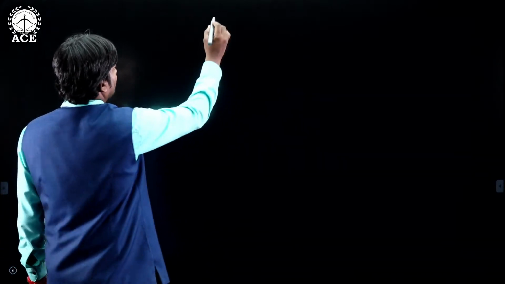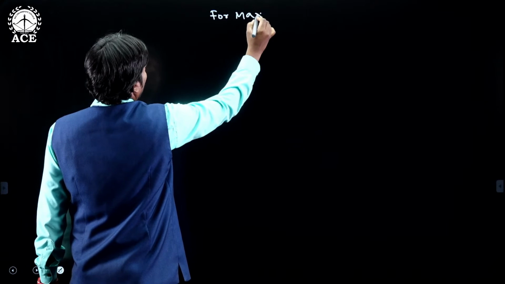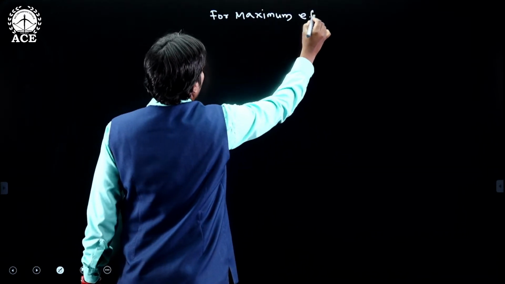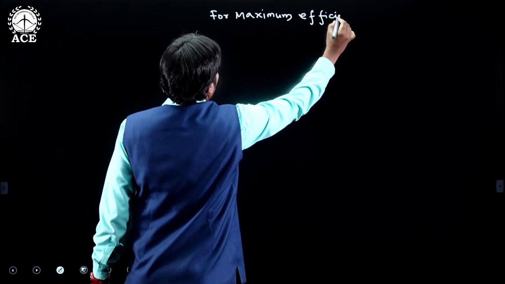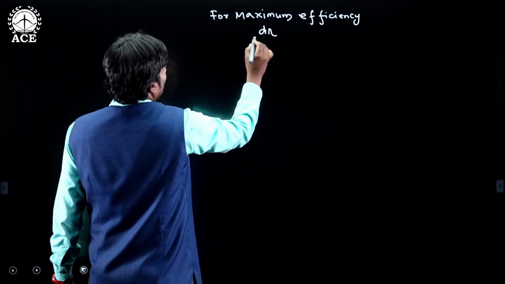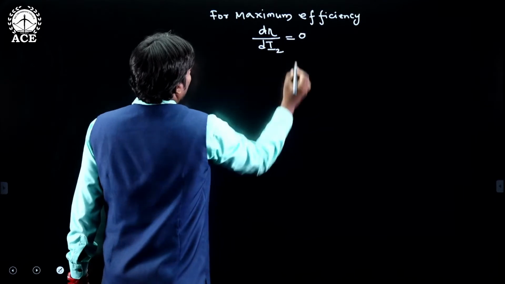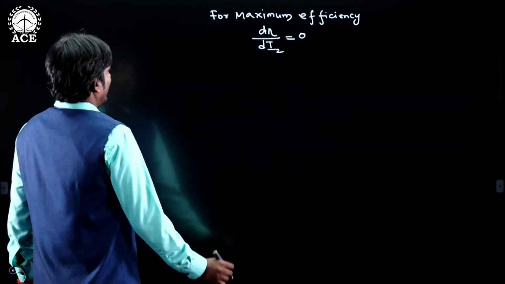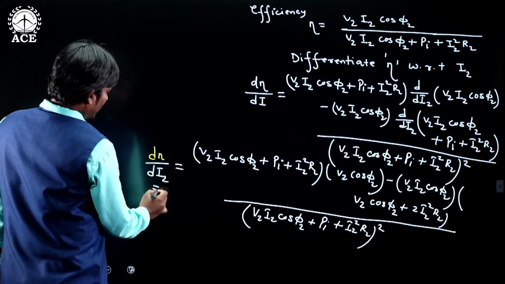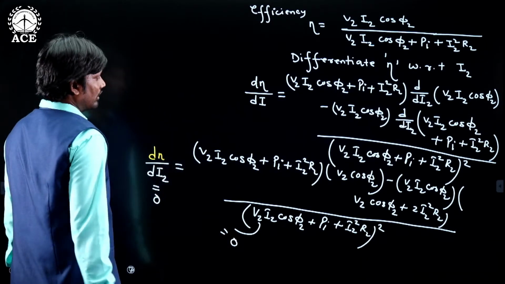Now for maximum efficiency, d eta by d I2 is equal to 0, and therefore the denominator term is not zero, so the numerator is 0.